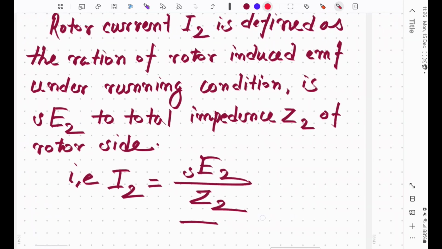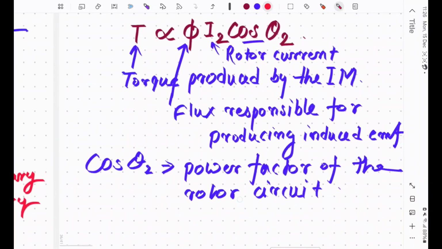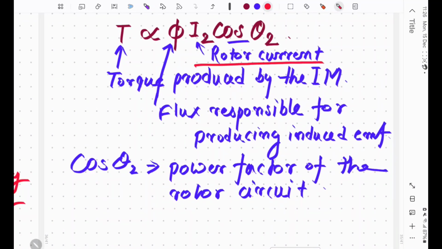Till now we have found the expression for the rotor current I2.